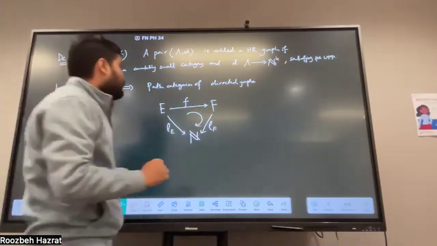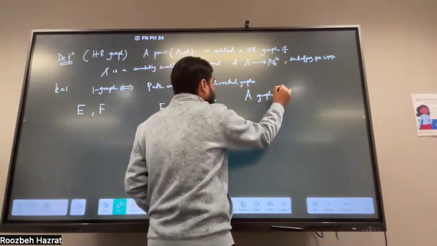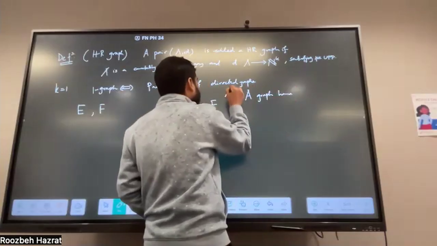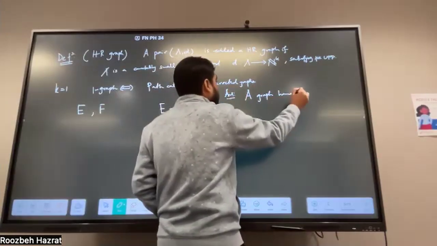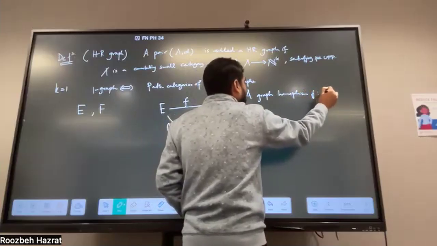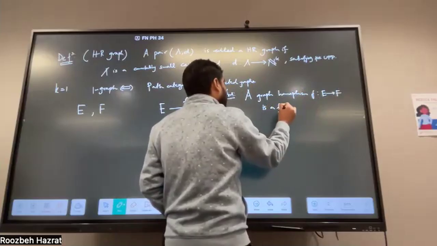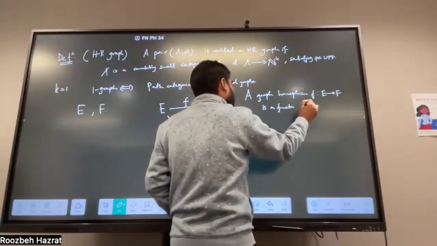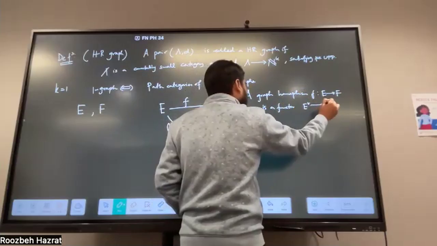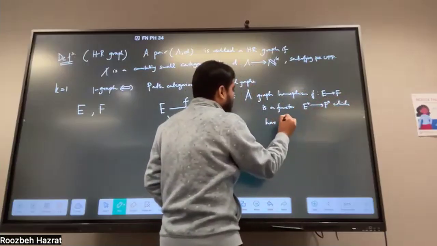So the answer to the previous question is that a graph homomorphism from E to F is a functor from E star to F star which has this property.